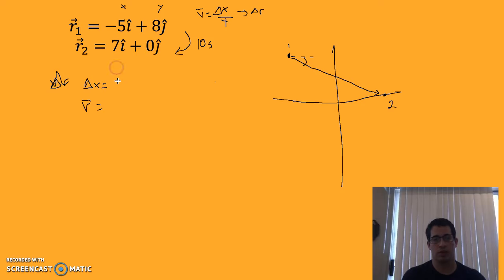Displacement is going to be the change in the position, so that would be R2 minus R1. For I, that's going to be 7, and these are in meters, we'll say.